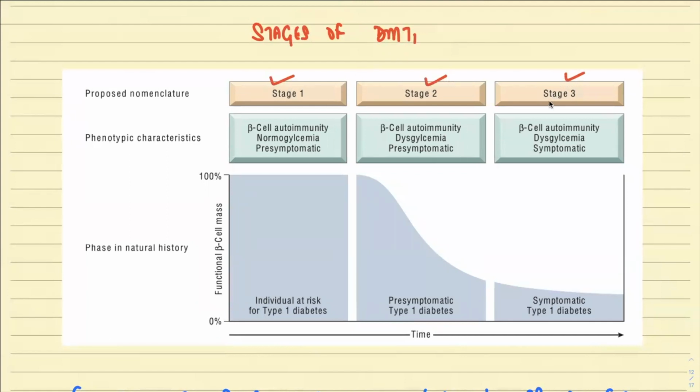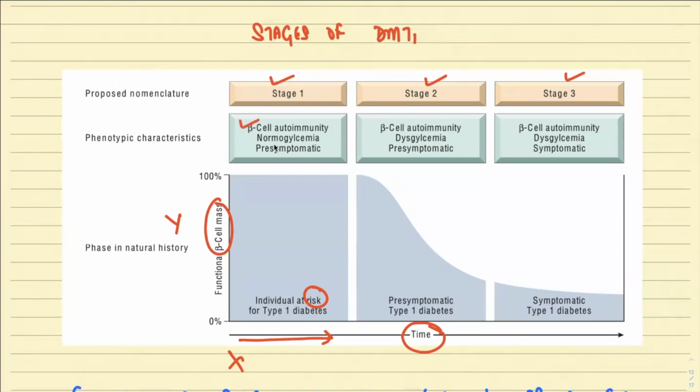This nomenclature is classically given in the latest edition of Robbins. So if you see, as time passes, the individuals who are at risk for type 1 diabetes mellitus are going to develop it. Over here on the y-axis, they have shown the functional beta cell mass, and on the x-axis, the time. In the initial period, the pathogenesis develops.